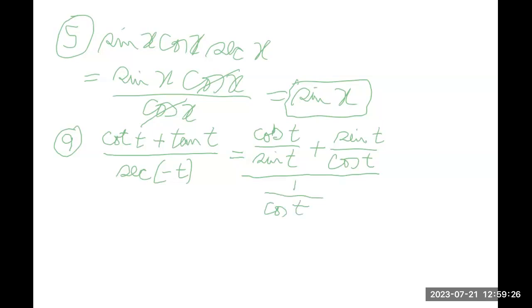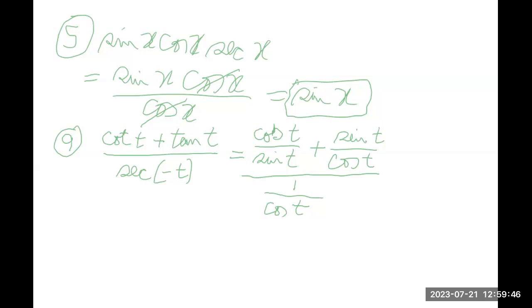And then I'm going to bring this 1 over cosine t up in the numerator by taking its reciprocal. So in other words, dividing something by 1 over cosine t is the same as multiplying it by cosine t.